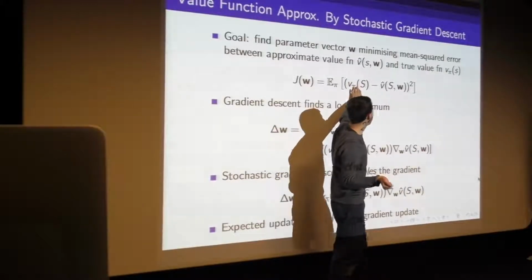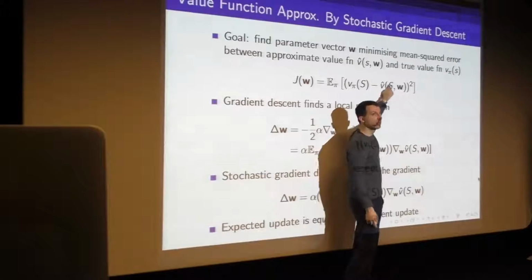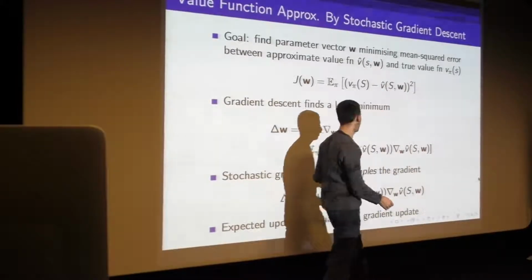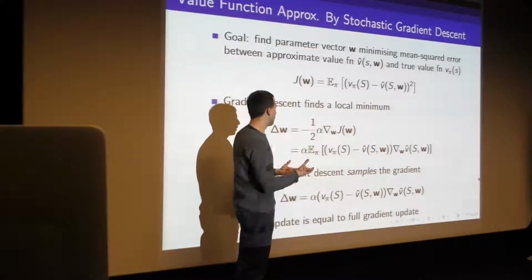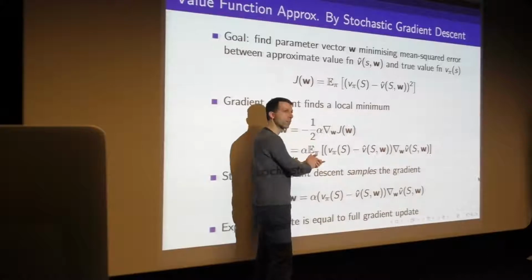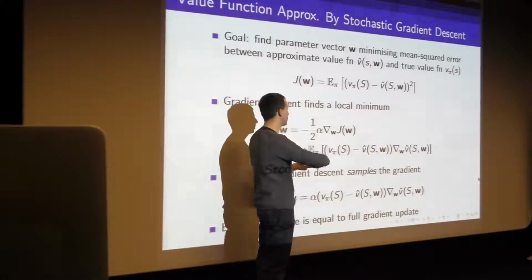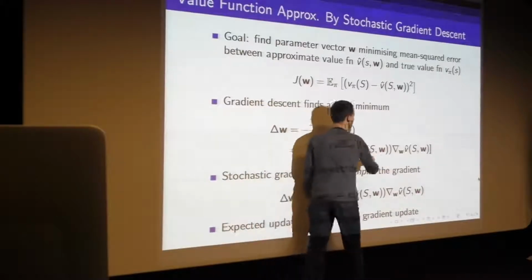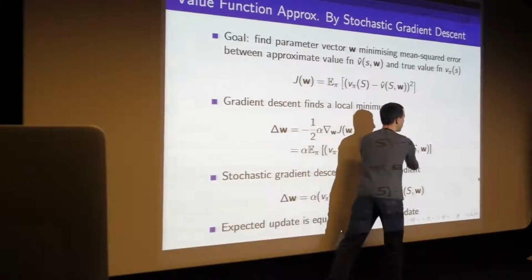So the gradient of this thing is just the gradient of our function approximator, v. So we get this term here. So to do gradient descent, all we need to do is move a little bit. So forget the expectation for a minute. That's just going to be averaging over all the samples we see. We're going to move a little bit in the direction of the error that we see in each state, multiplied by the gradient.